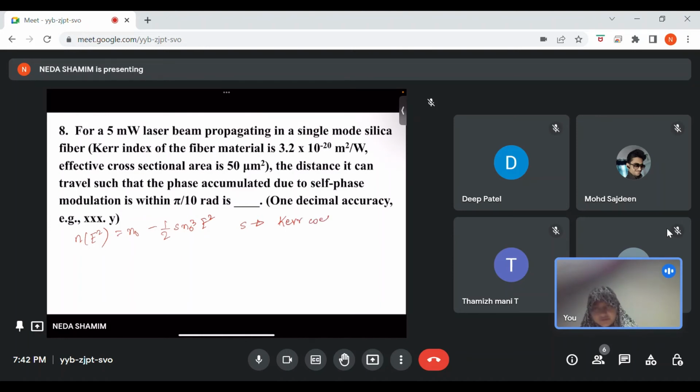It is your Kerr coefficient. Or the whole thing we can write as the refractive index as a function of intensity. That will be given by your original refractive index plus N2 times I. Now here what is N2? It is your Kerr index.